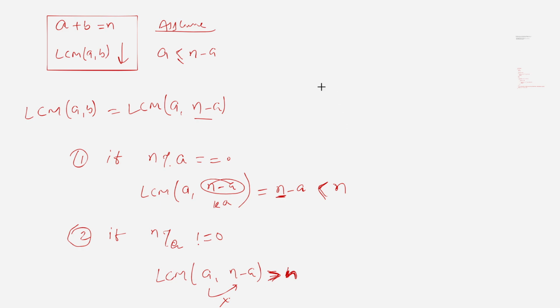Alright, now our task is to minimize these things. So our answer would be A comma n minus A, and the LCM of these two, and basically we have to minimize n minus A. So n is constant, and to minimize n minus A, where A is a divisor of n, we have to increase A as large as possible, and at the same time A must be a divisor of n.